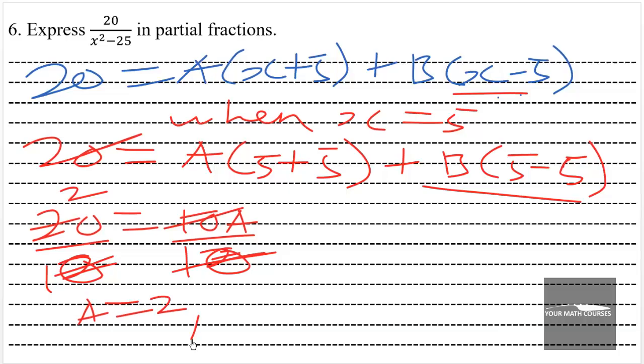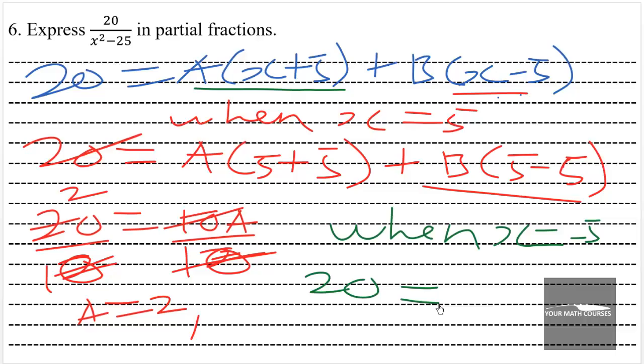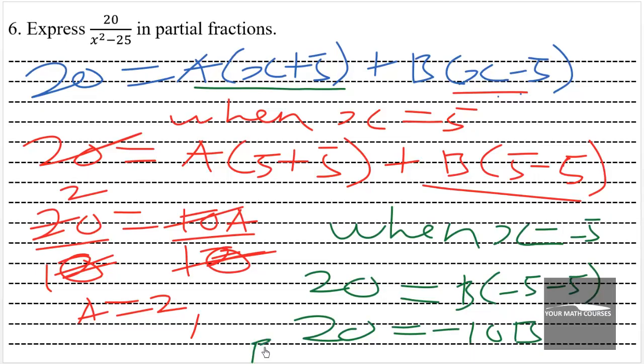And when x is equal to negative 5, then this becomes 0. So we are going to get 20 is equal to b into bracket negative 5 minus 5. So we get 20 is equal to negative 10b. So that will give us b equal to negative 2. So b is equal to negative 2.